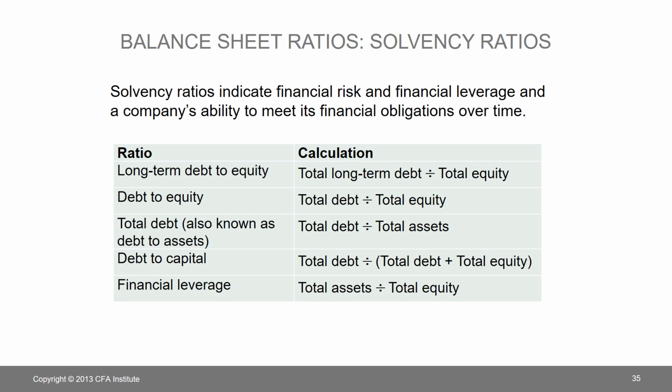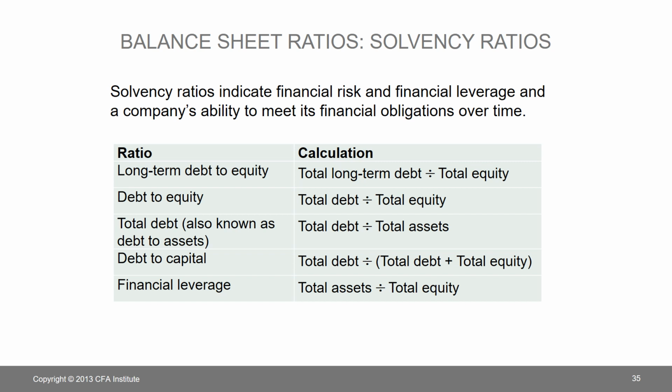The second one is the ratio of debt to equity, which measures the amount of debt capital relative to equity capital. For example, a ratio of 1 would indicate equal amounts of debt and equity. Debt includes both short-term debt and long-term debt. A higher ratio indicates higher financial risk and thus weaker solvency.